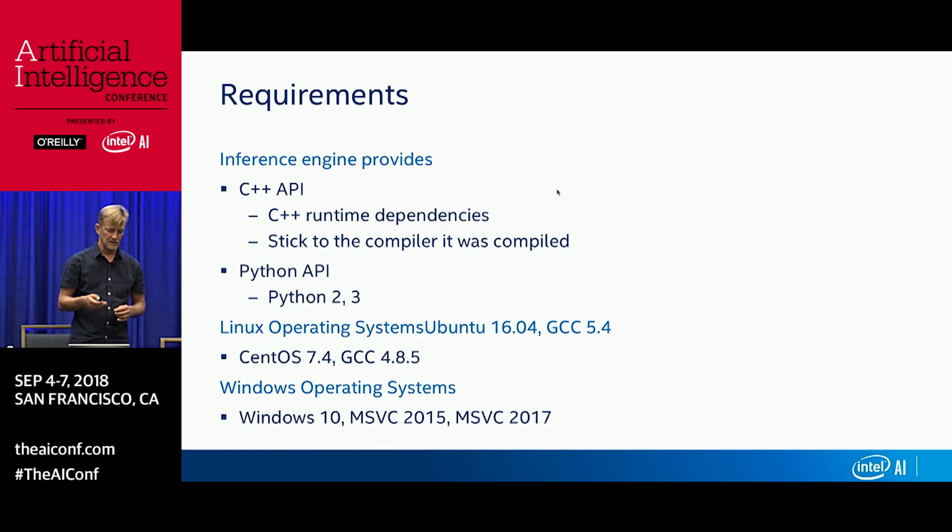We are testing this solution using Linux-based operating systems like Ubuntu 16 and above, CentOS. As well, we have support for Windows, testing with Microsoft Visual Studio 2015 and 2017.